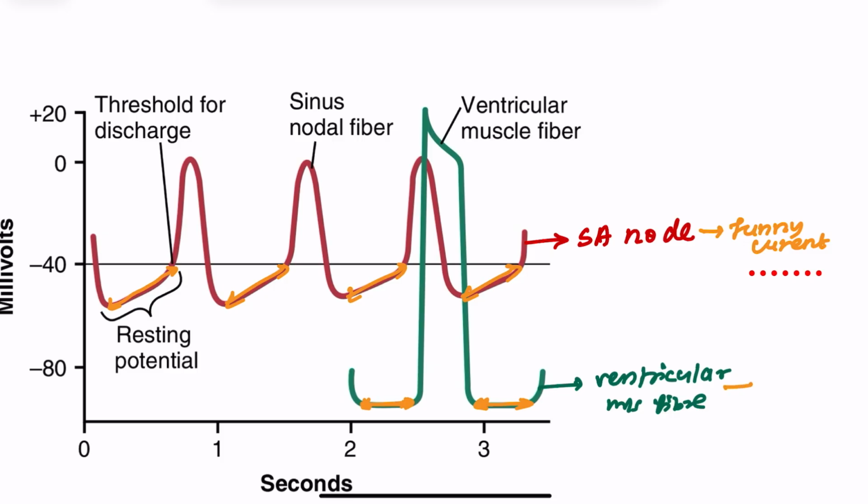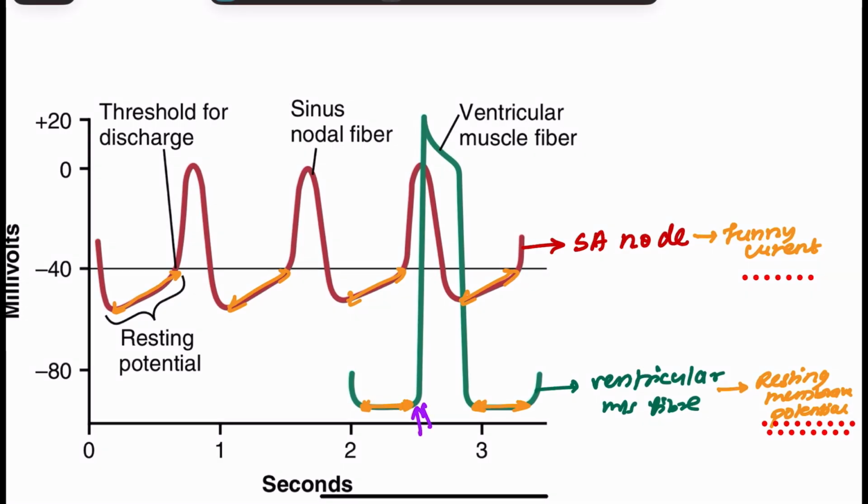In ventricular muscle fiber, there is a resting membrane potential, and this resting membrane potential makes the ventricular muscle fiber stable. So without any external stimulus, it cannot depolarize.